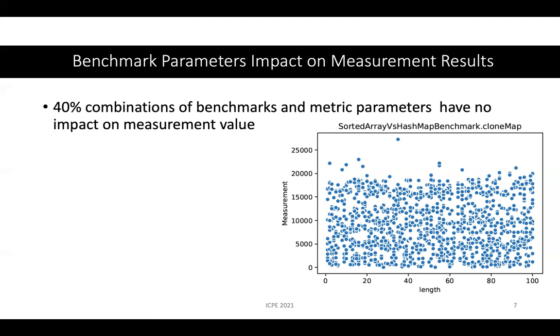So here the developers can understand that investing in these parameters will not give clear expectations about how changes of the length values will affect the measurements, right?